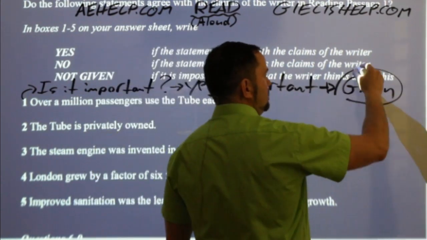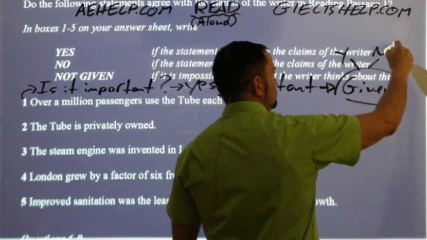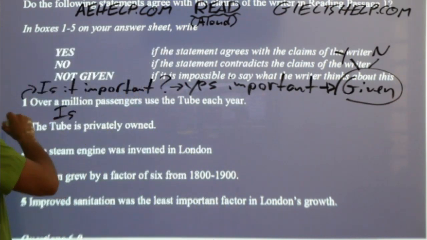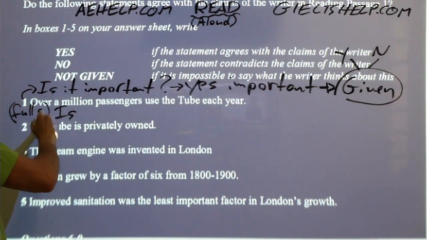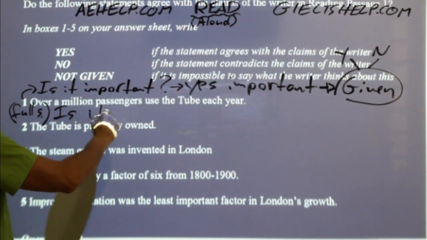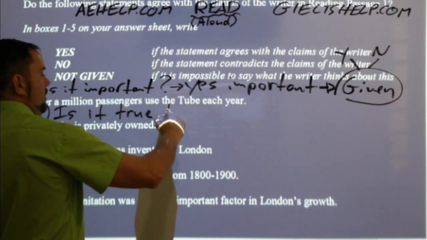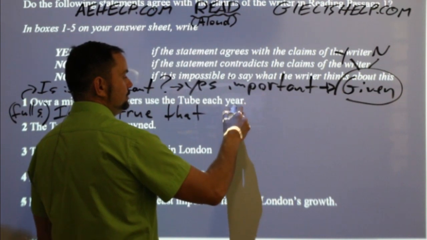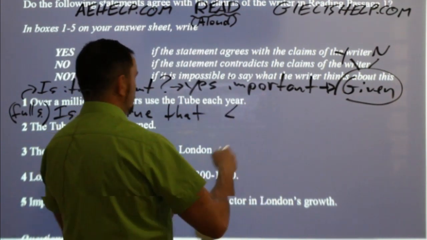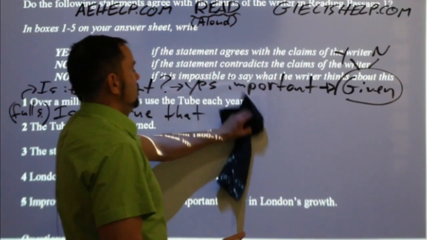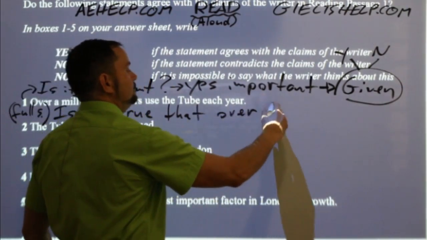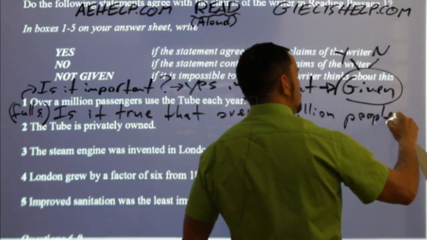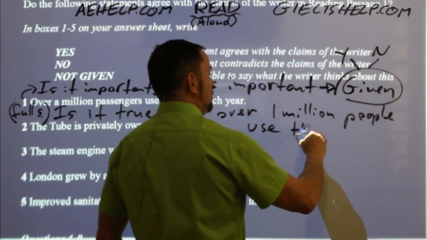So it's going to be either a yes or a no. All right. Now we ask the second question. Is it true? Full sentence here. Is it true that over 1 million people use the tube?